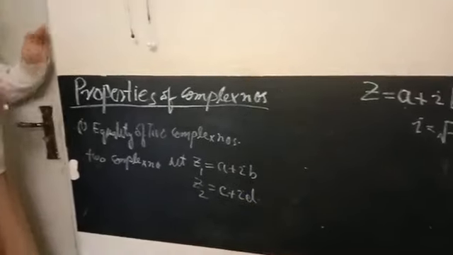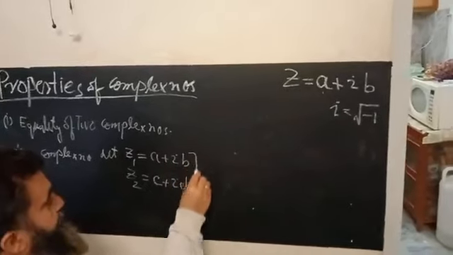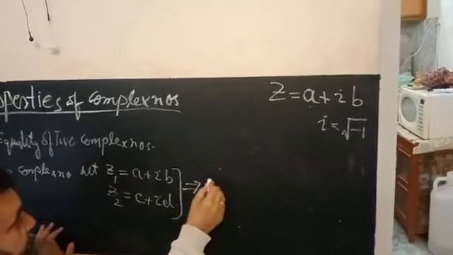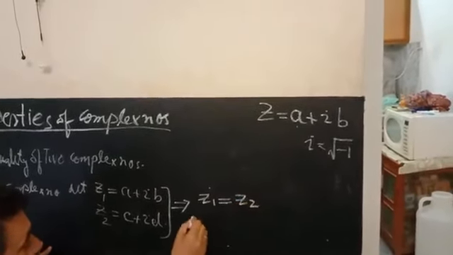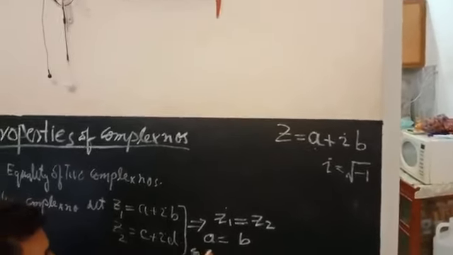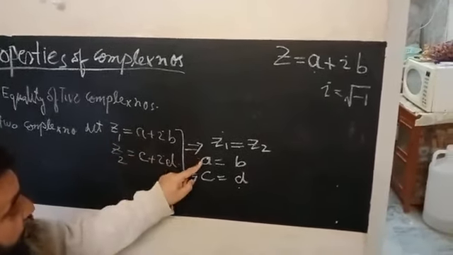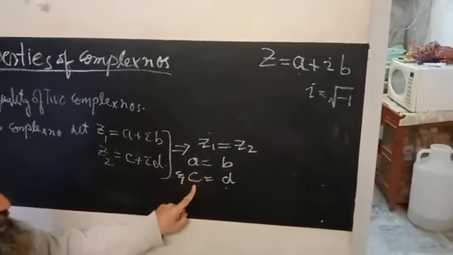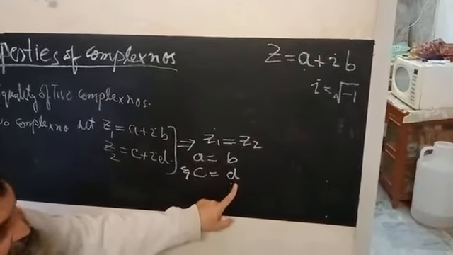Now these two complex numbers will be equal if and only if z1 is equal to z2, if and only if a is equal to c and b is equal to d. Means the real part of the first complex number is equal to the real part of the second complex number, and the imaginary part of the first complex number is equal to the imaginary part of the second complex number.